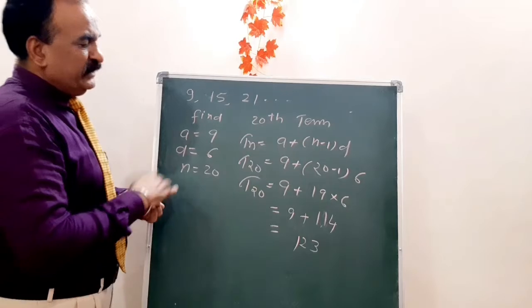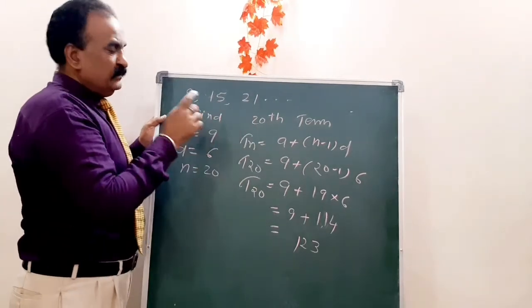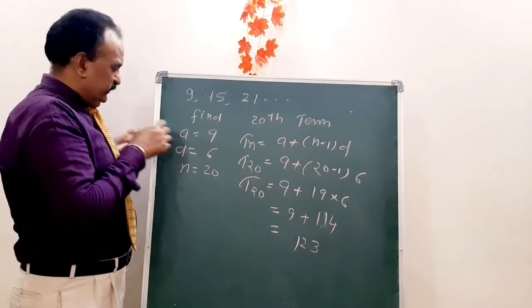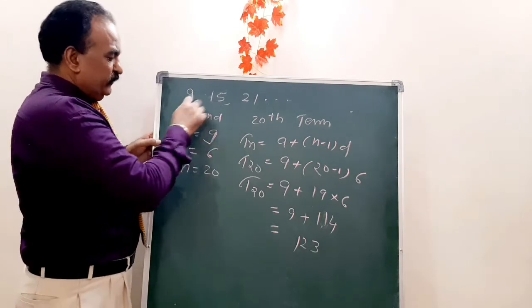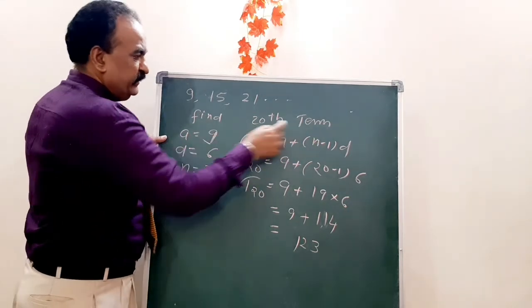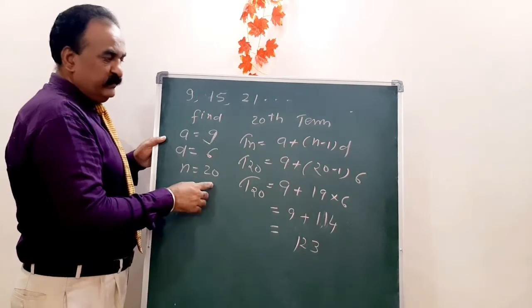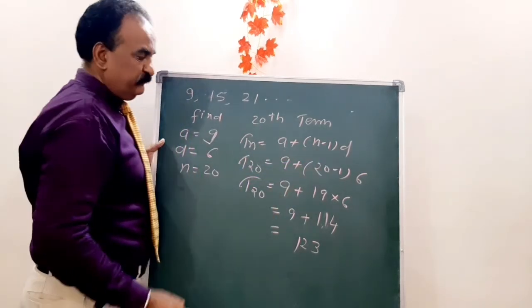Again, I want to explain: for the arithmetic progression 9, 15, 21, the first term a is equal to 9 and the common difference is 6. You have to find the 20th term, so n is equal to 20. Tn is equal to a plus n minus 1 into d.